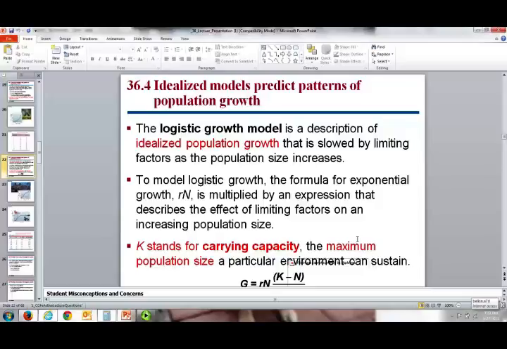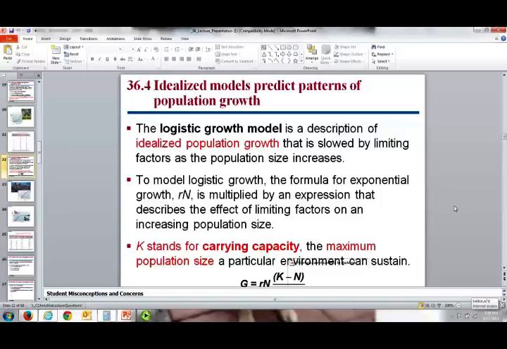The logistic growth model has a different formula from exponential growth. The rN is multiplied by an expression that describes the effect of limiting factors on the increase in population size. So you add an additional factor, K, that stands for carrying capacity, which is the maximum population size a particular environment can sustain.